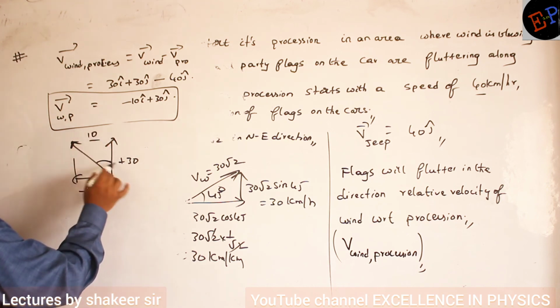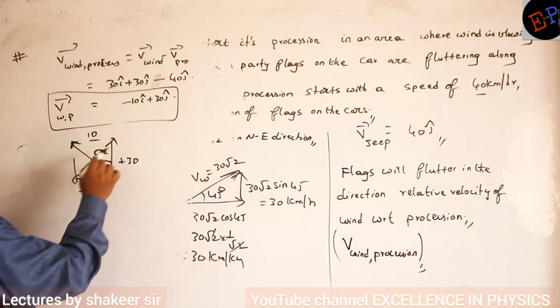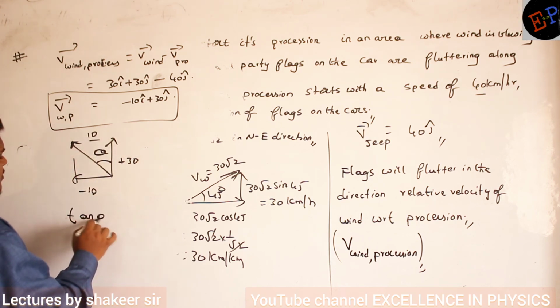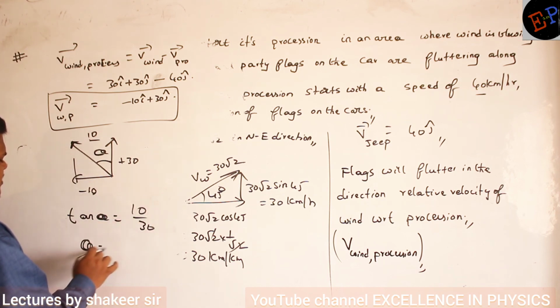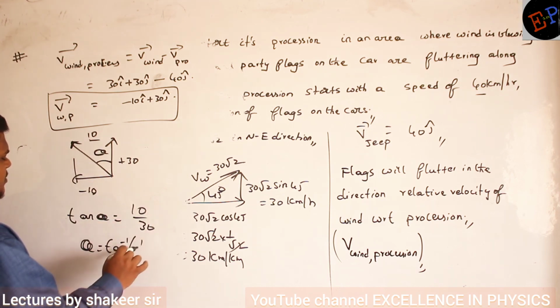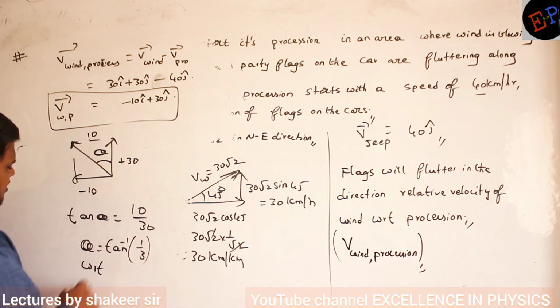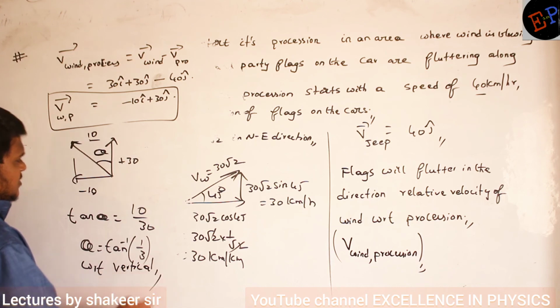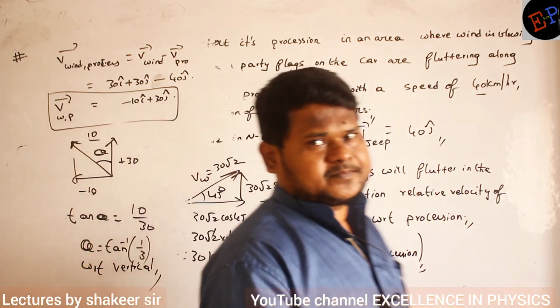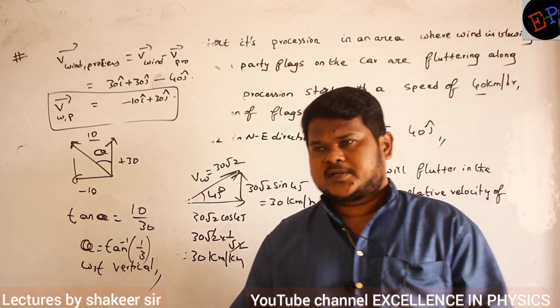If I want to take the angle with respect to the vertical, let us take this angle as alpha. So tan alpha will be how much? Opposite by adjacent, so 10 divided by 30. So alpha is equal to tan inverse of 1 by 3, with respect to the vertical. So that is my answer. So flags are fluttering in this particular direction. That's all. Very simple. Are you able to understand?